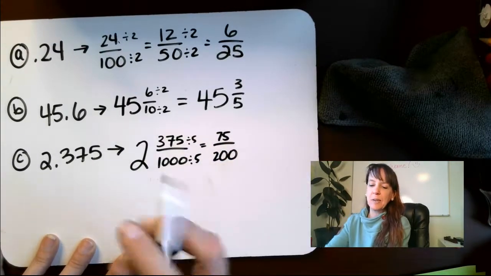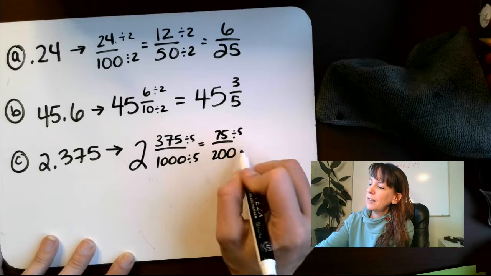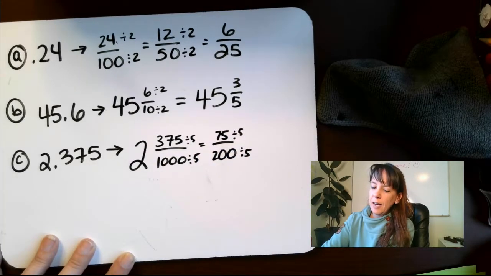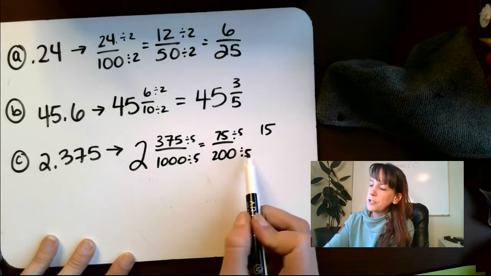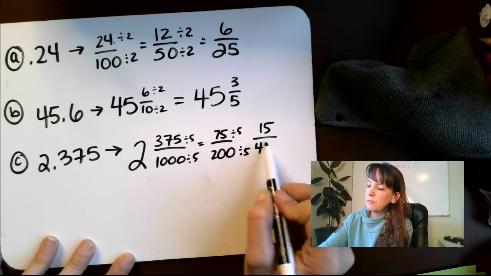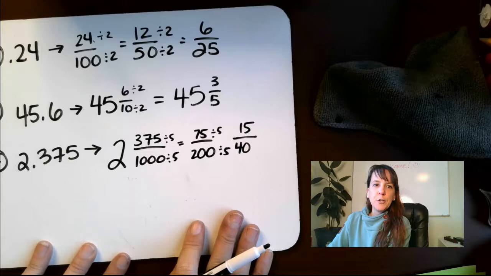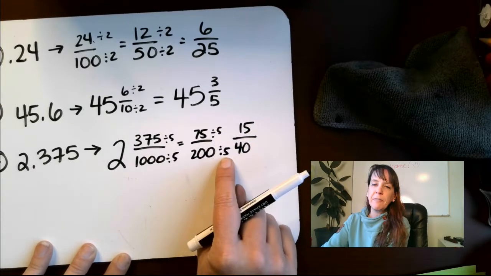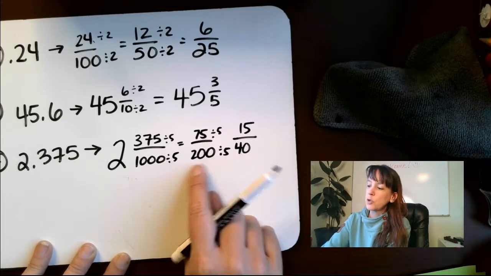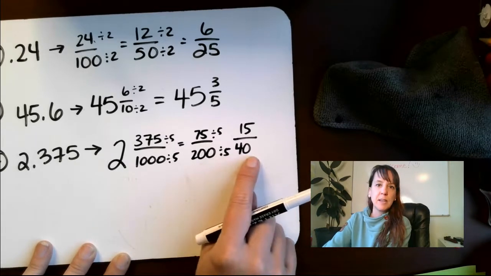Again, those are 5s and 0s, so let's divide by 5. Okay, so we've got 15 upstairs, and then 200 divided by 5 is going to give me 40, right? I did that because 20 divided by 5 is going to be 4, and so 200 divided by 5 is 4 with a 0.